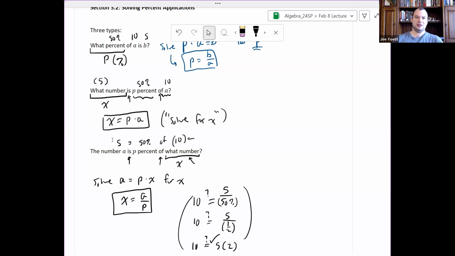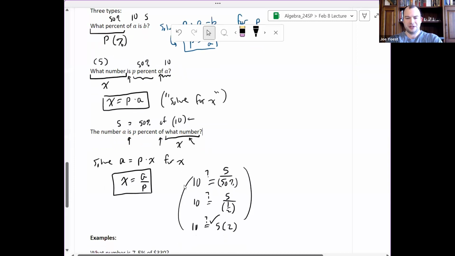You want it to be not too complicated, but not so trivial that it doesn't really act as a good check. Or I wouldn't want to say 0 is 0% of 1 and use that as a check. That's going to be an annoying one to check. But I see that this does seem correct with my special case, and I went through carefully and pulled out the meaningful mathematical expressions, the "is," the "of," and so on.